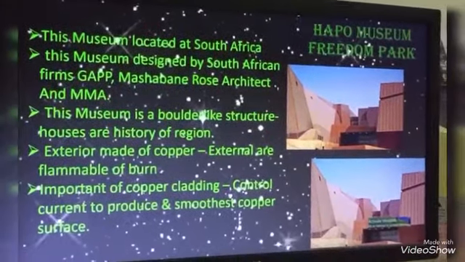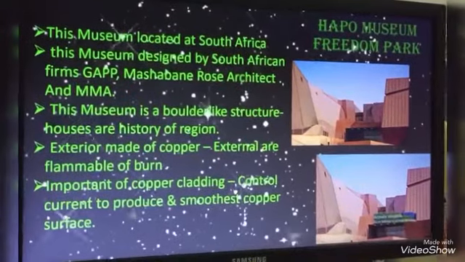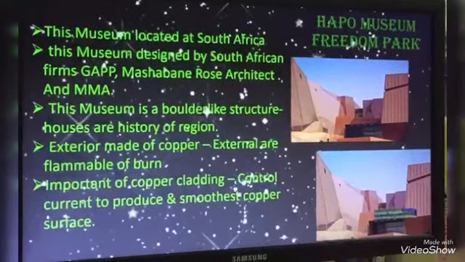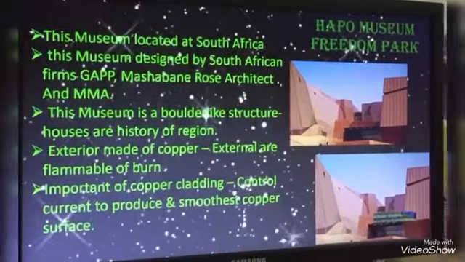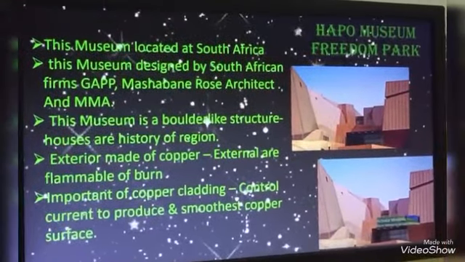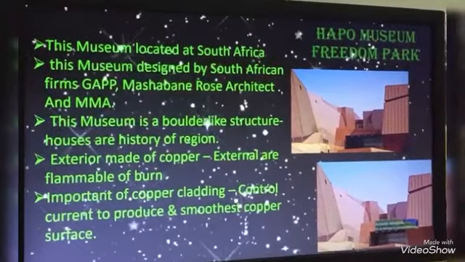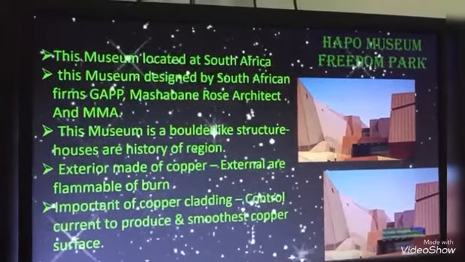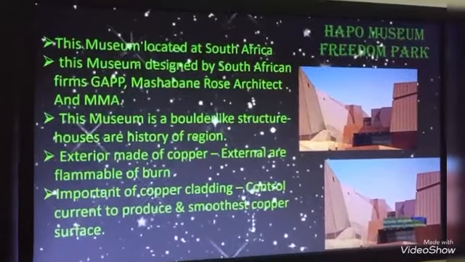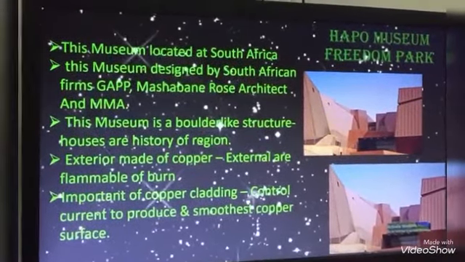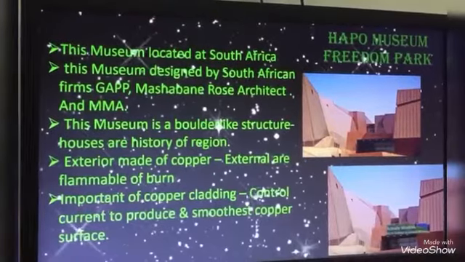The exterior of the building was made of copper and the interior is flammable. If you see the picture of this building, the external wall and the internal wall are made of copper, and it is a flammable building.